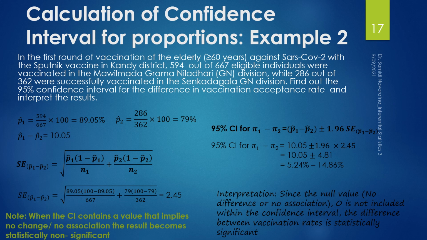So note, when the confidence interval contains a value that implies no change, no association, then the result becomes statistically non-significant.